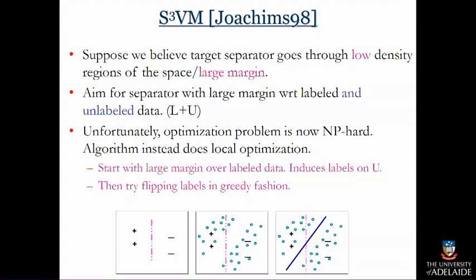Of course, the optimization problem is polynomial time. In the case of semi-supervised support vector machine, because of those unlabeled data, the formulated problem is NP-hard. It's highly non-convex, which means you will not be able to find a global optimum.